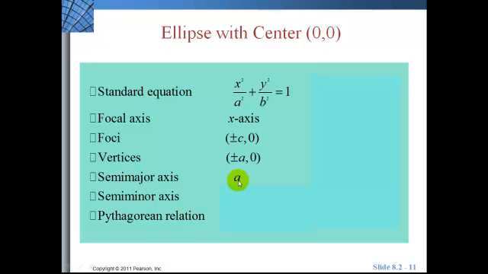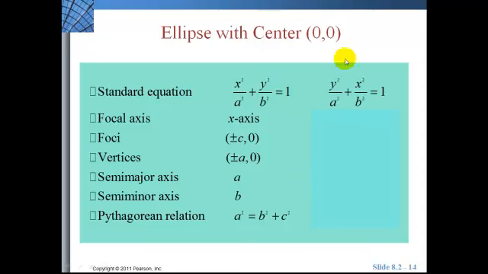The longer axis will be twice this. The semi-major axis is a. The semi-minor axis, half of the smaller axis, is b. And here's our Pythagorean relation: a squared equals b squared plus c squared. Think alphabetical order.